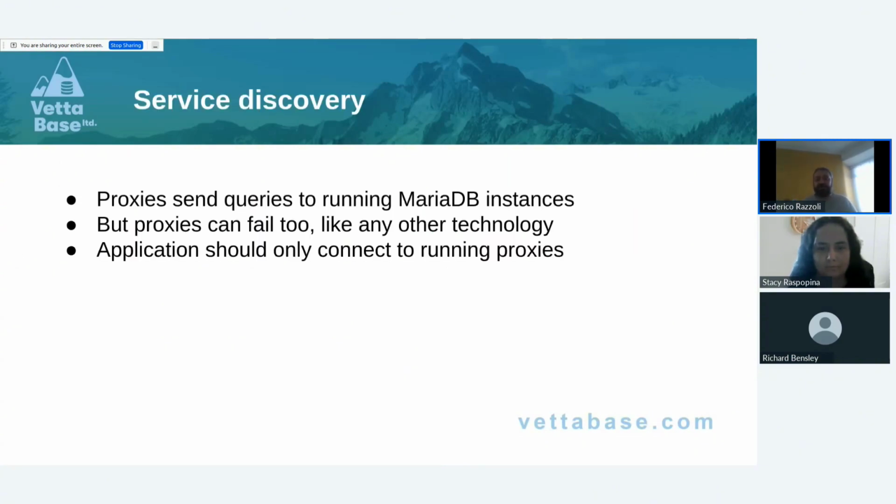Basically, as I said, proxies will send the queries to run in MariaDB instances. So if a MariaDB instance fails, it's not a problem for us. But proxies also can fail, like any other technology, right? So the application should only connect to running proxies, but how can we do it?